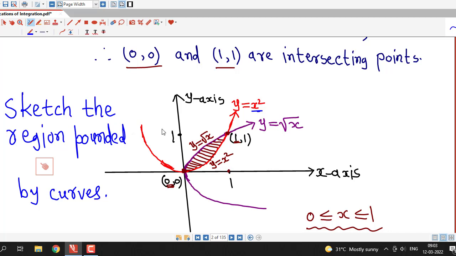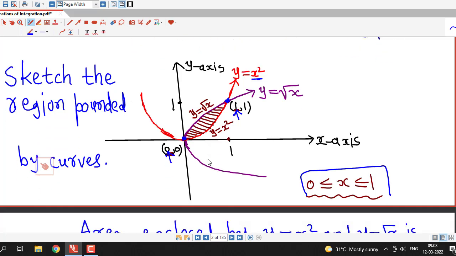And once we sketch the region bounded by given curves, we will be able to decide which function is upper function and which function is lower function, and we will be able to decide the limits of integration also. To find out limits of x, we will consider the leftmost point and rightmost point of the region, and the value of x at leftmost point is lower limit, value of x at rightmost point is upper limit.